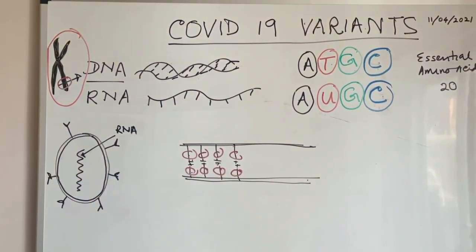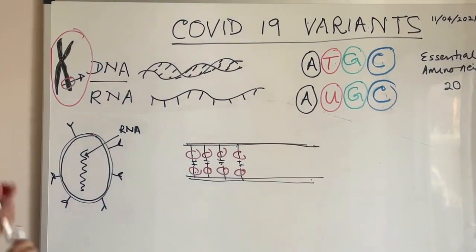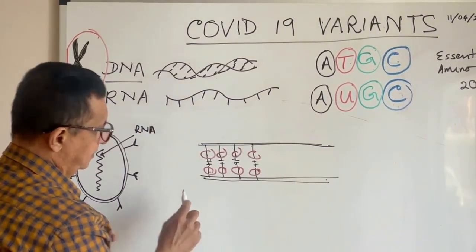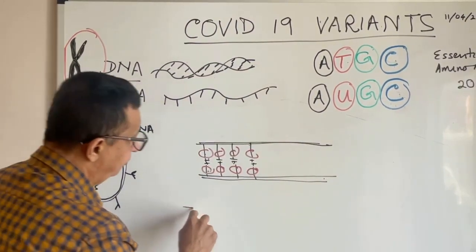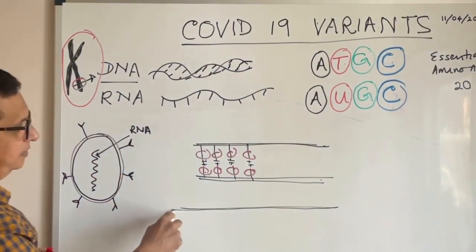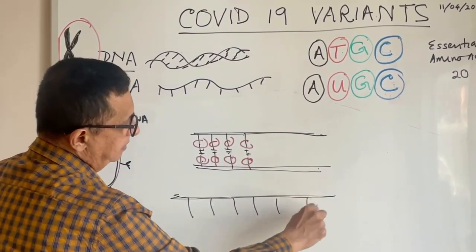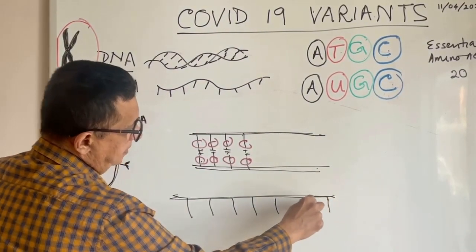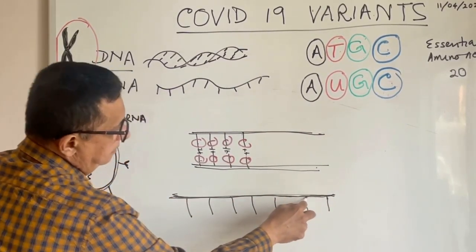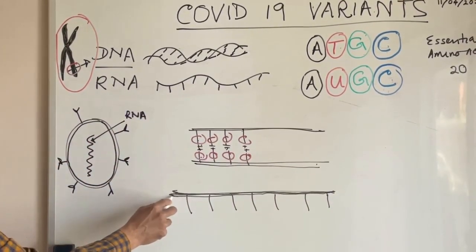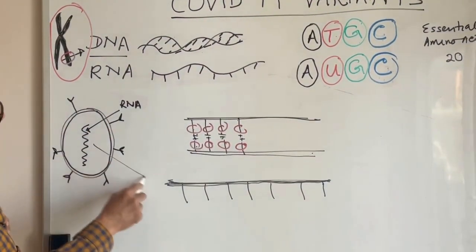So this is the DNA helical, and in an RNA helical you have the sugar phosphate backbone, and you have only one strand. This is called single-stranded RNA.